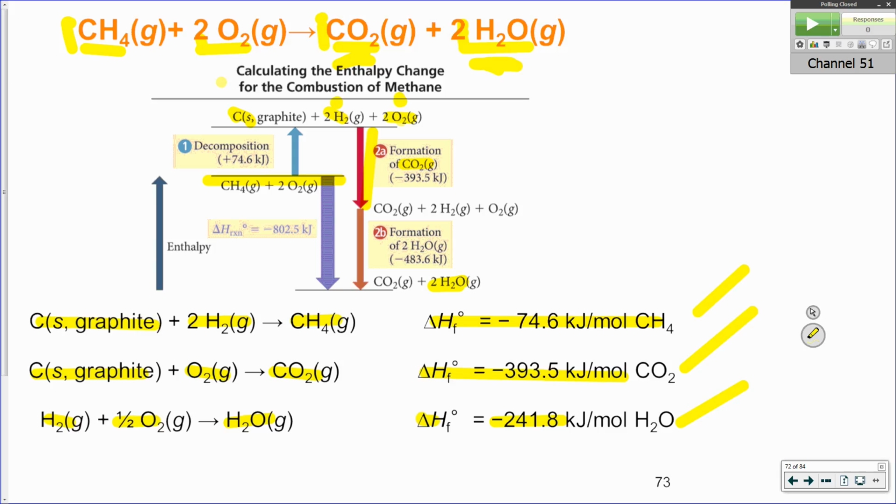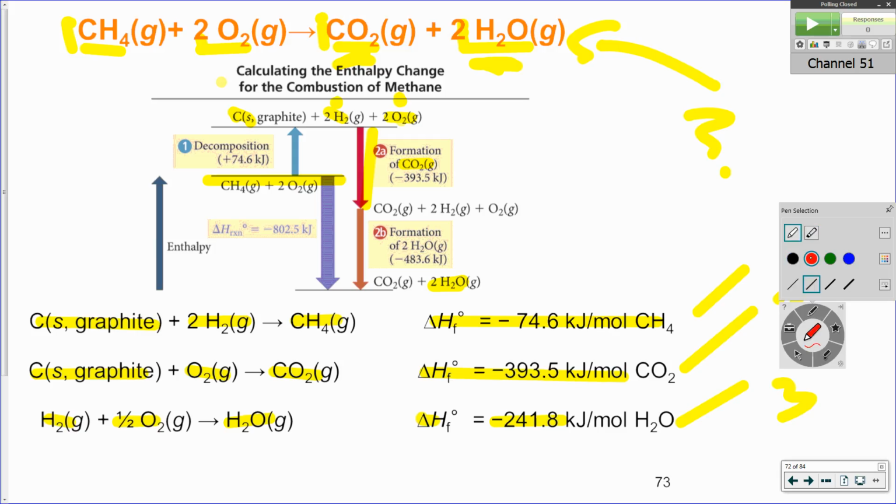Now the challenge is to figure out how to add these three things together, 1, 2, and 3, so that they give me the enthalpy for the reaction I want: methane plus oxygen yields CO2 and water. As we start trying to figure out what goes where, I look at the things that are products and reactants, and what's going to stay the same and what's going to have to be spun around.